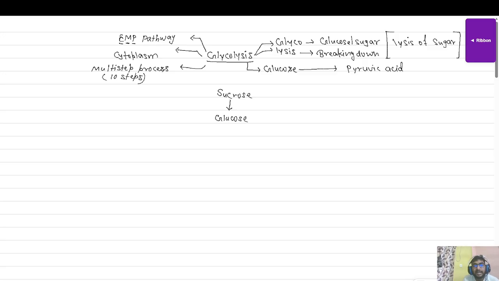That glucose in the next step will be converted to glucose 6 phosphate. From glucose 6 phosphate, another molecule will be formed, and that is fructose 6 phosphate.